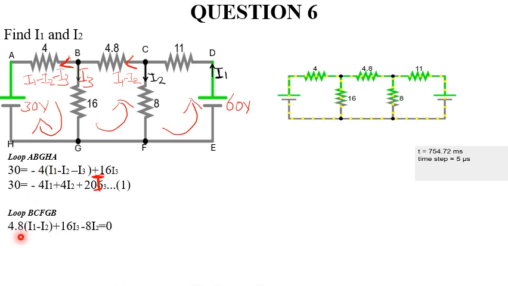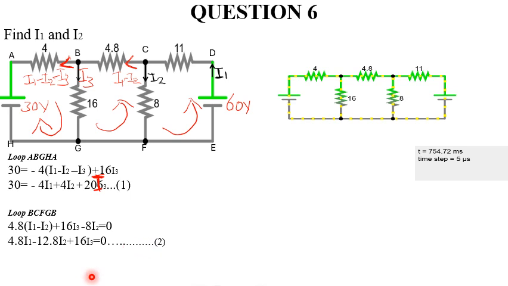Since there's no voltage source here, this equals 0. Simplifying this equation, it becomes 4.8 I1 minus 12.8 I2 plus 16 I3 is equal to 0.